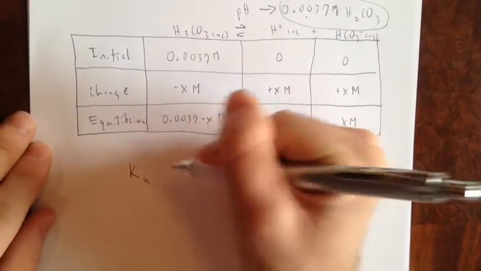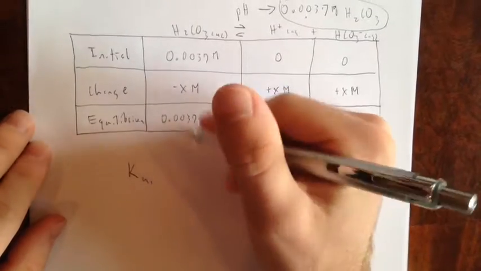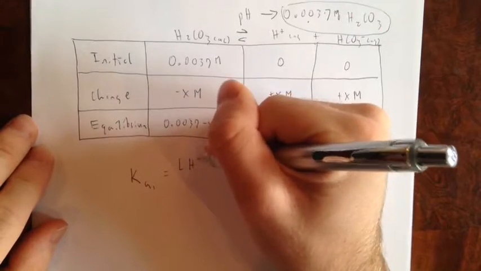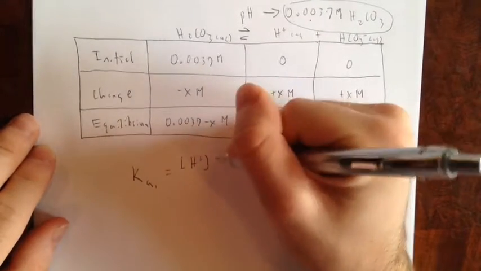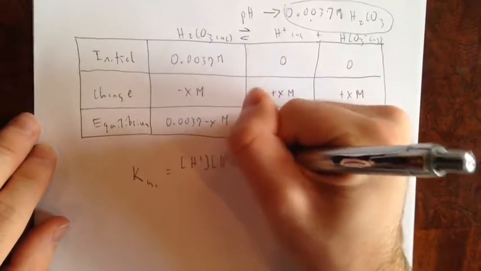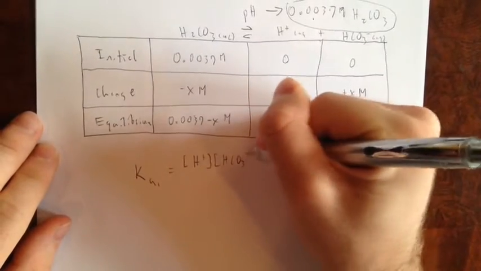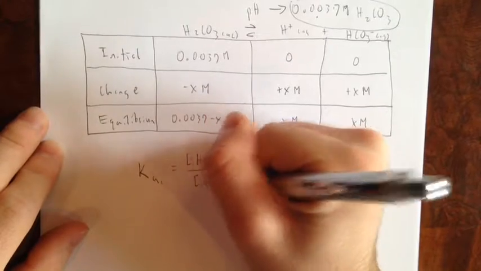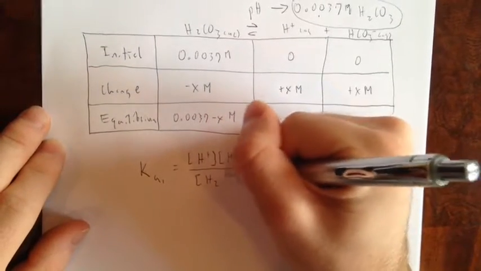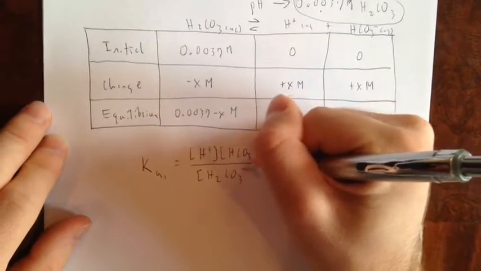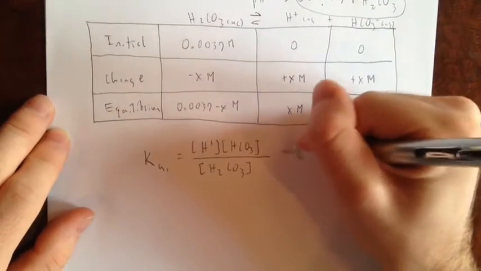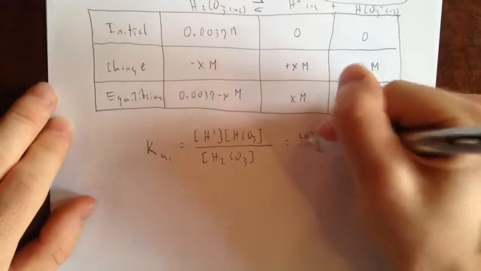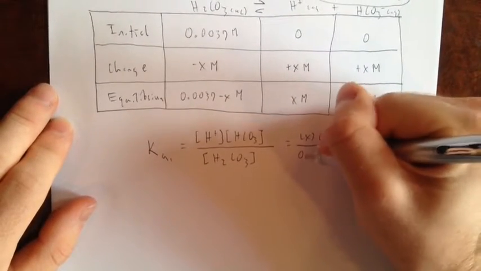The expression for the first dissociation of carbonic acid is the concentration of the hydrogen ion times the concentration of the bicarbonate ion over the concentration of the carbonic acid. We can substitute in the values that we got for the equilibrium concentrations.